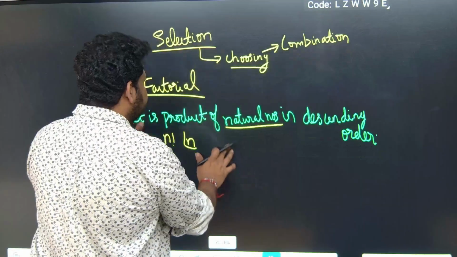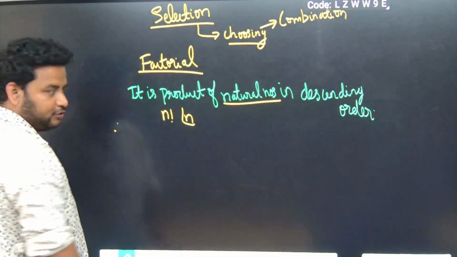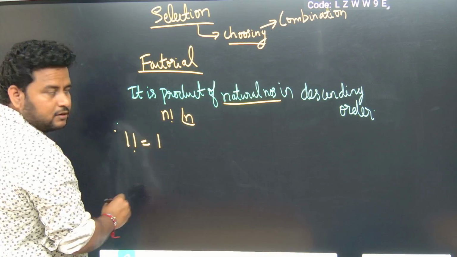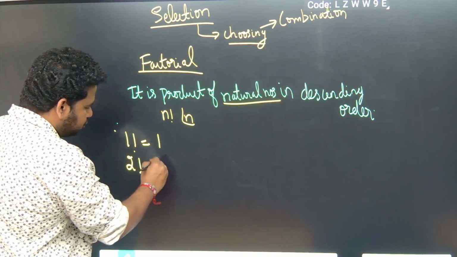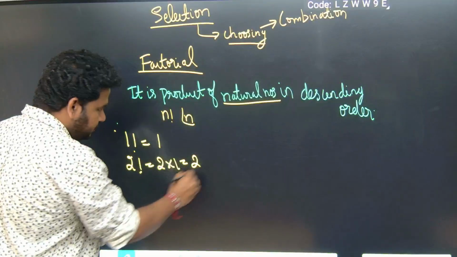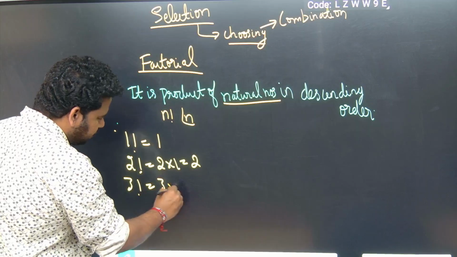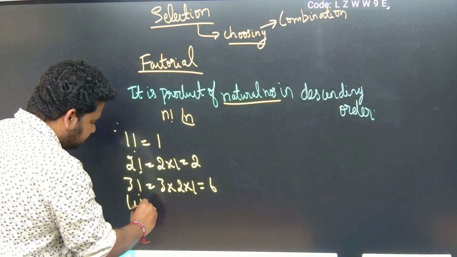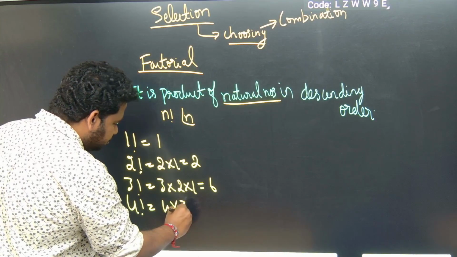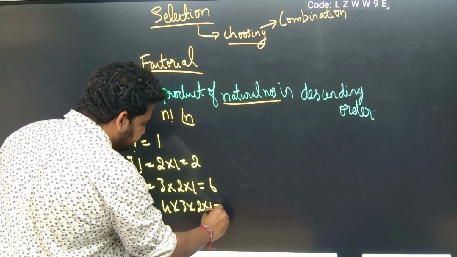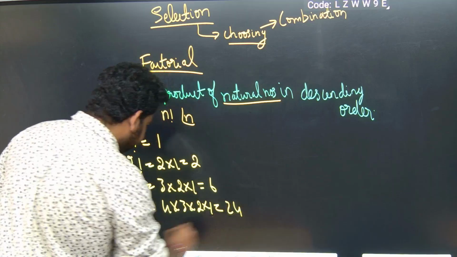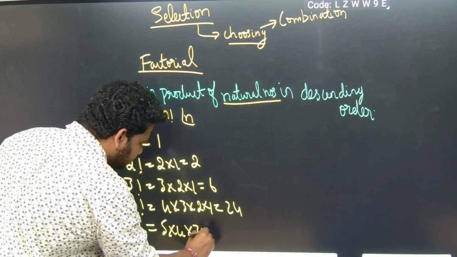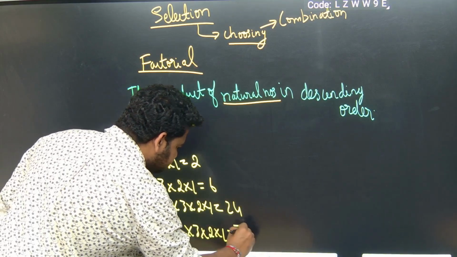After that, I will tell you some properties of factorial. 1 factorial, the value is 1. 2 factorial is 2 into 1, that is 2 itself. 3 factorial is 3 into 2 into 1, that is 6. 4 factorial is 4 into 3 into 2 into 1, the value is 24. 5 factorial is 5 into 4 into 3 into 2 into 1, the value is 120.